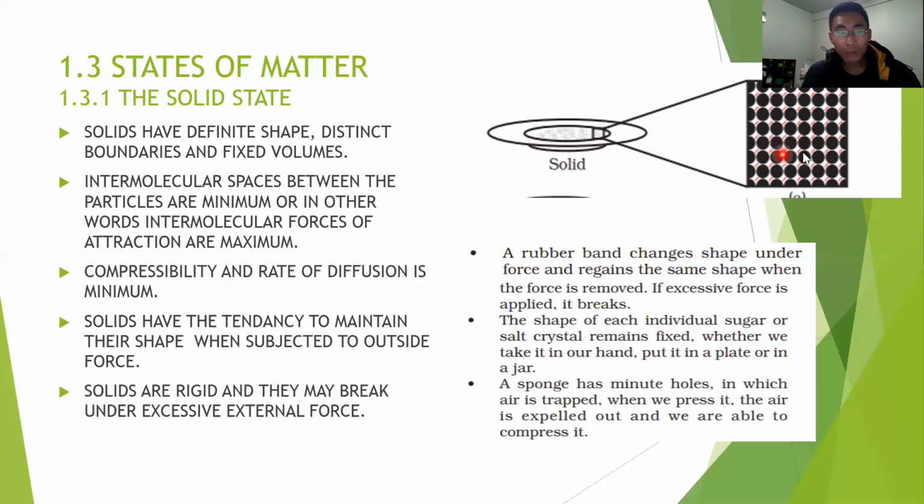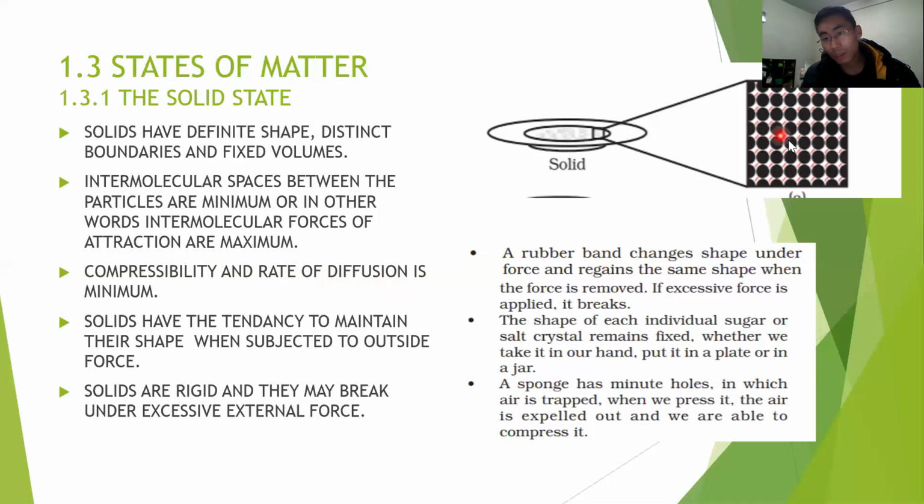So it cannot be compressed. And the rate of diffusion is nothing but the speed at which particles intermix. Different particles of different matters intermix. So intermixing is nothing but diffusion. Another word for diffusion is intermixing.